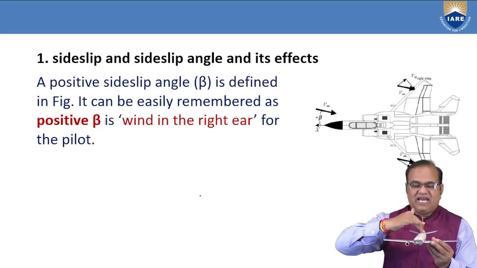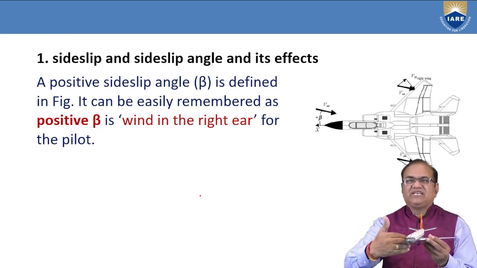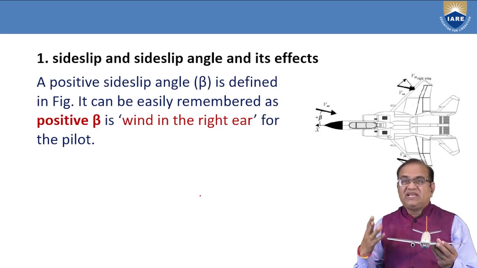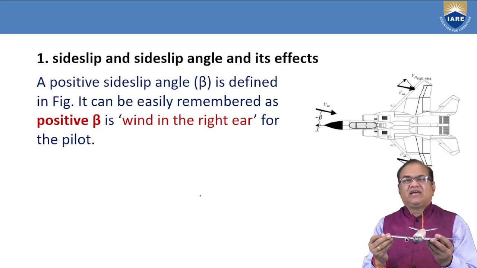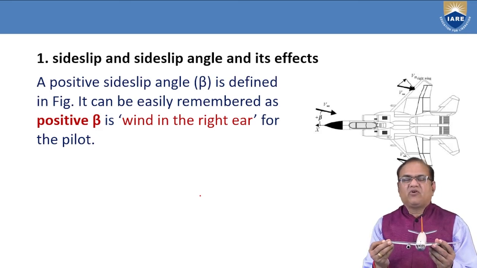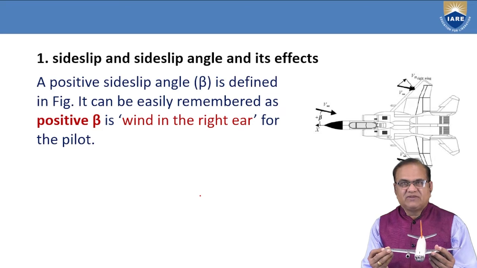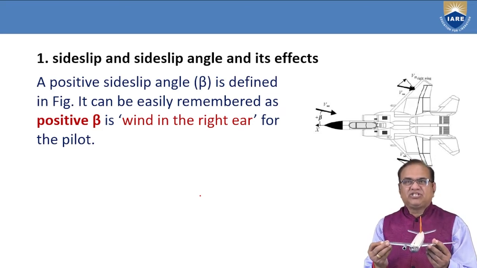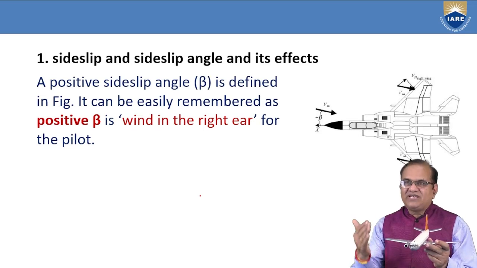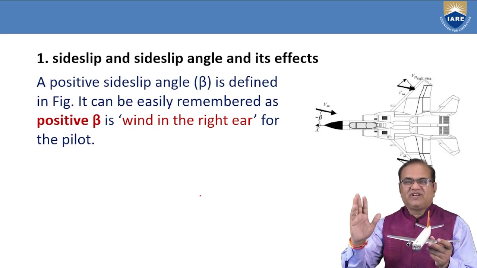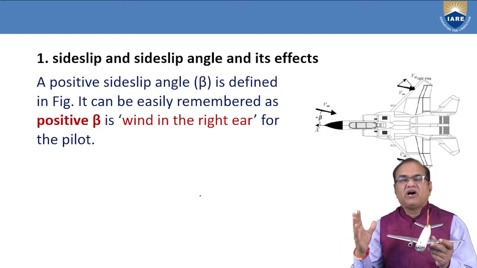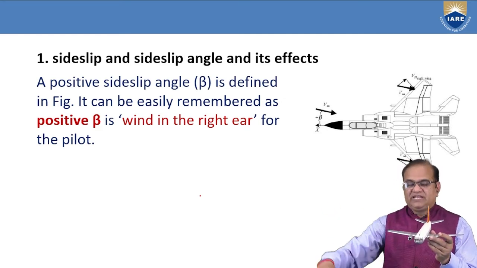The angle between the longitudinal axis of the aircraft and the relative wind is called the side slip angle. This side slip angle plays a very important role for directional stability as well as lateral static stability. A positive side slip angle beta is always defined if the relative wind is coming from the right side of the pilot. Then we can say that it is a positive beta and it is from this direction.